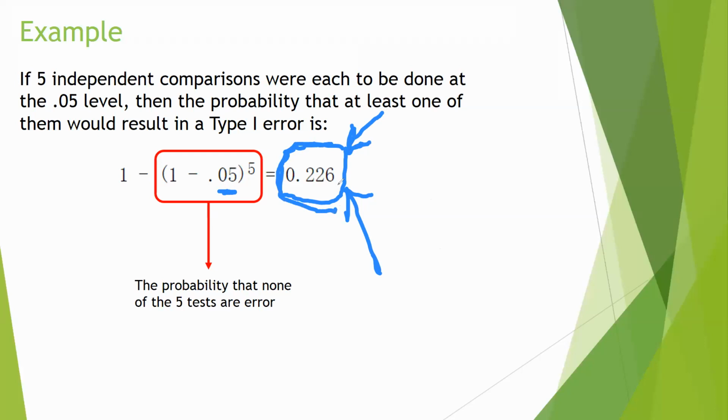If you still use 0.05 as a cutoff for each of these 5 tests, you're going to have this big family-wise type 1 error, which means it's very easy for you to make a mistaken call, right? An error call. So we don't want this to happen.